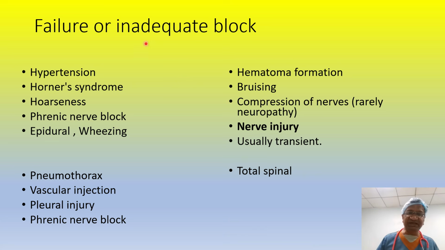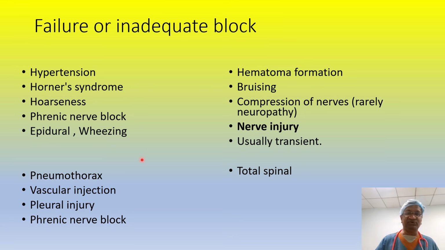What are the complications? Hypertension, Horner syndrome, hoarseness, phrenic nerve palsy, it can go epidural, the patient can have wheezing. What I have told is about interscalene block usually; this is about subclavian; this is about all things.